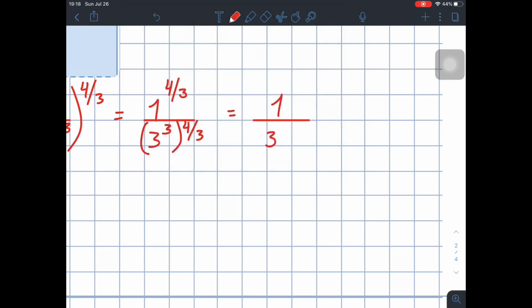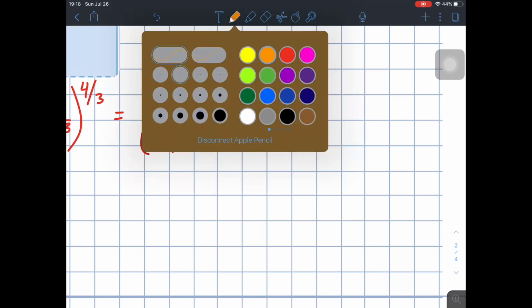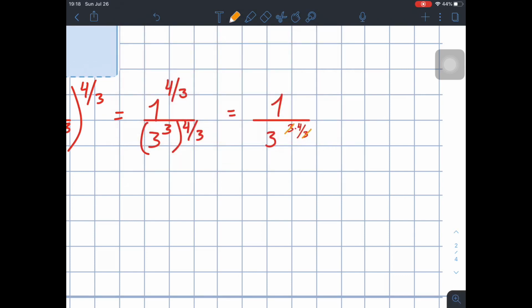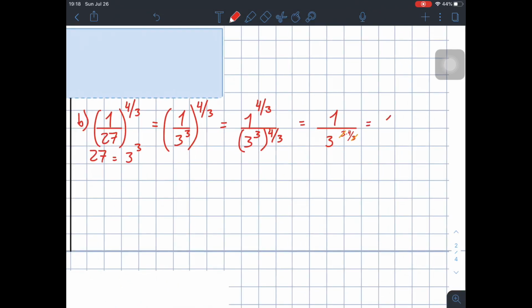So this is 3 times 4 over 3, right? So you see that the 3 actually simplifies, and we're going to get 1 over 3 to the power of 4. And 3 to the power of 4 is 27 times 3, which is 81. Okay, so this is equal to 1 over 81. So this is how we solve this without using a calculator.